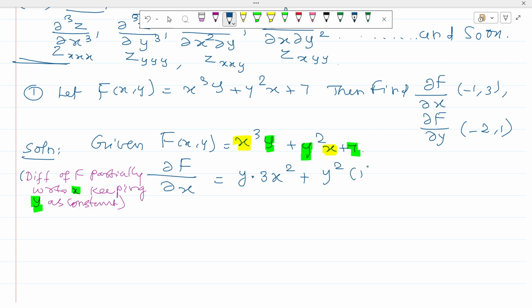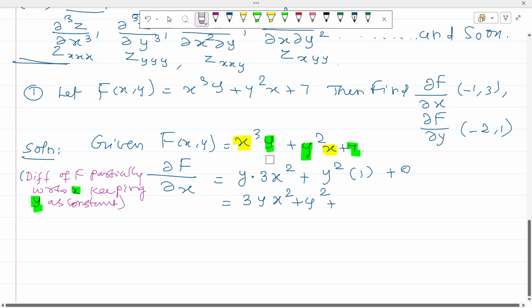Differentiation of x is 1, plus differentiation of 7 is 0. Therefore 3y x square plus y square plus 0. So 0 you can leave it, no need to write the 0.